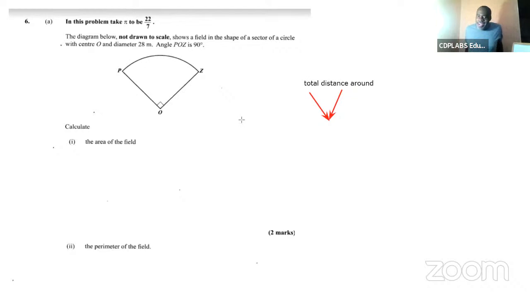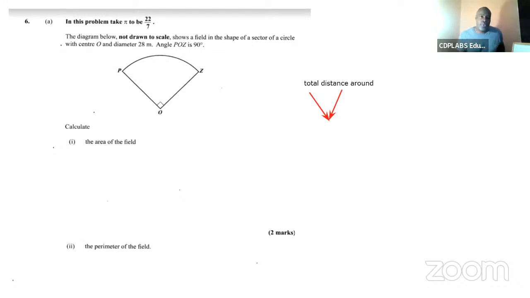So my question, do we know all the measurements of the sides? Yes or no? Yes, sir. Okay. So since we know, what's the measurement of PO? Half the diameter. And what is that length? 14.